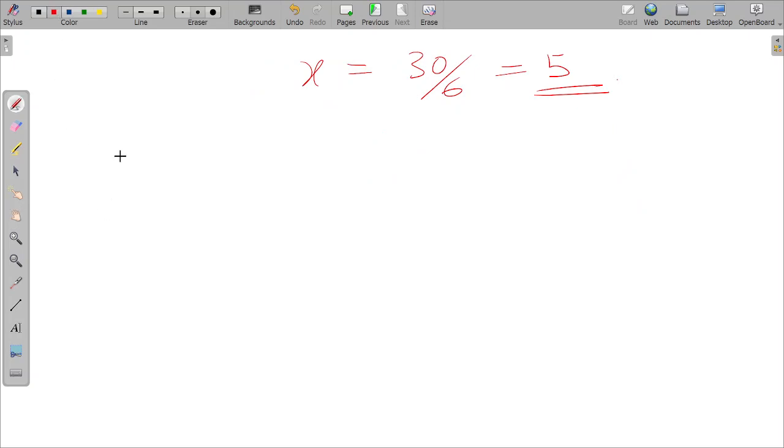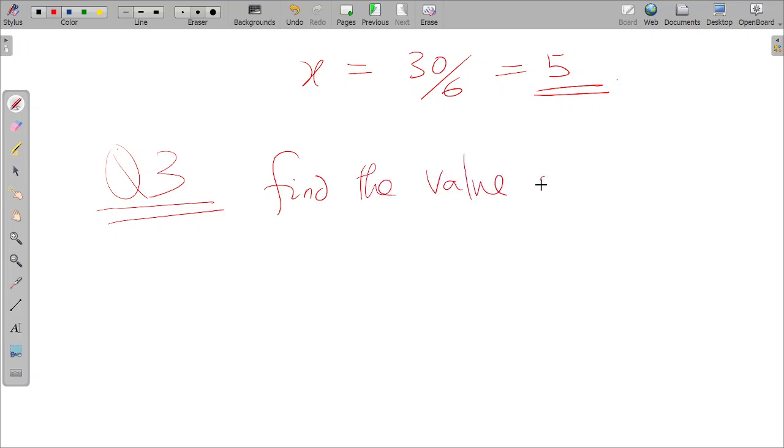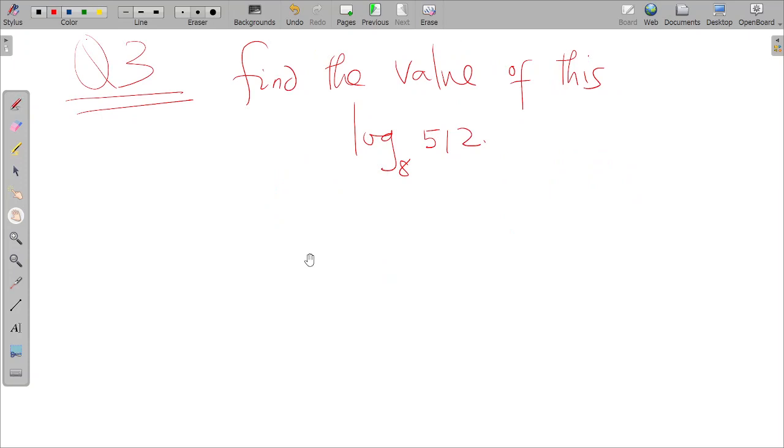Okay, question number 3 we're going to do asks us to find the value of this: log of 512 to base 8. They want us to find the value of this.